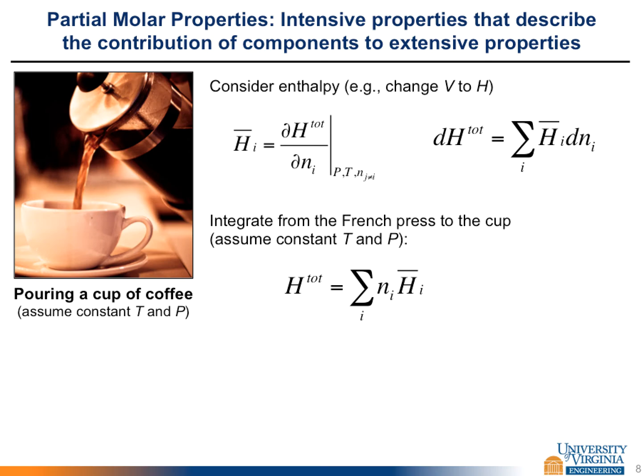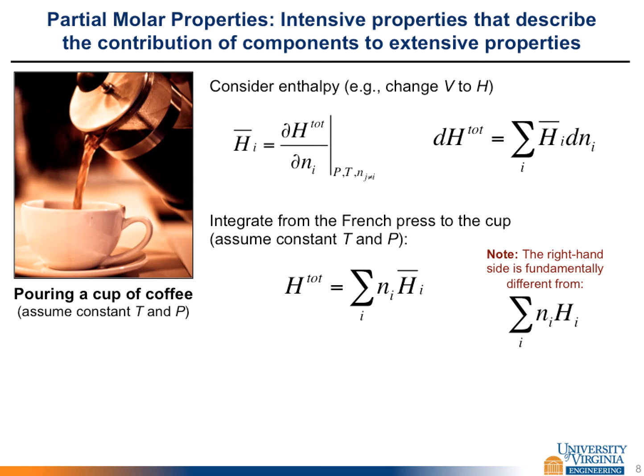The key result is that the total enthalpy is expressed as the sum over all of the components in the system of the product of the number of moles and the partial molar enthalpy for each component of the mixture. So it's important to note the use of partial molar properties here being different from the use of pure component properties. And so it's really important to recognize the distinction that's being drawn here between the two expressions that we have in the middle of the slide.